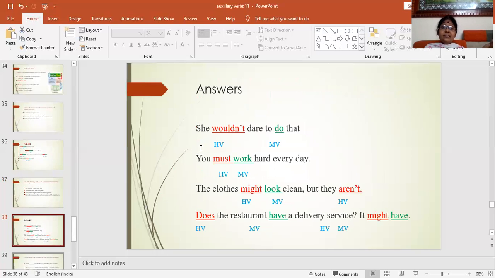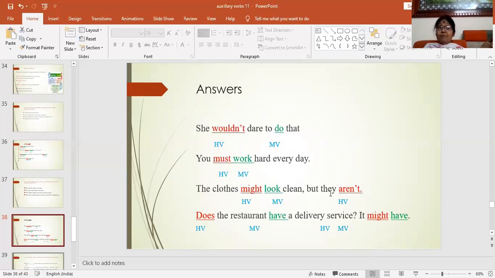The answer is she wouldn't dare to do that. Wouldn't is helping verb, right? And do is main verb. You must work hard every day. Must is helping verb. Work is main verb. The clothes might look clean, but they aren't. Might is helping verb.